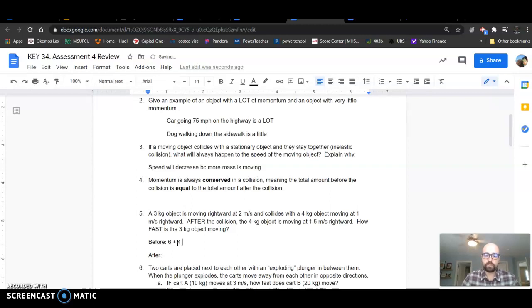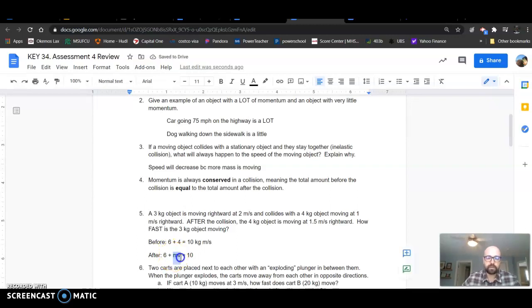So that's 4 units of momentum, so 10 kilogram meters per second is our total momentum before the collision, which means that has to be the momentum after the collision. So afterwards, this object is moving rightward at 1.5, so 4 times 1.5 is 6. So 6 plus the momentum of the other object, mass times velocity of the other one, has got to equal 10.